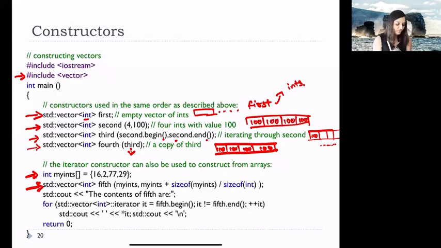Now, while constructing fifth, not from another vector but from an array, which is myint, what we need to do is pass your first argument, same as when you are constructing a vector from a vector. Your first argument is what you want to copy from, right? Pass the array as your first argument, but this is an array and it's not a vector.